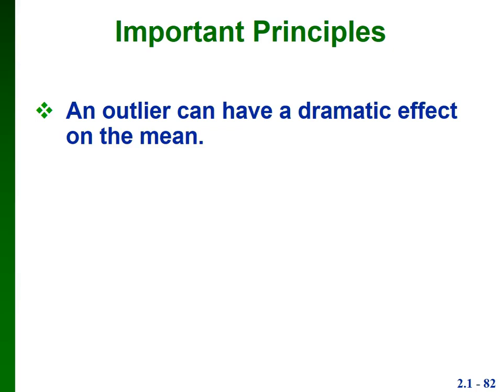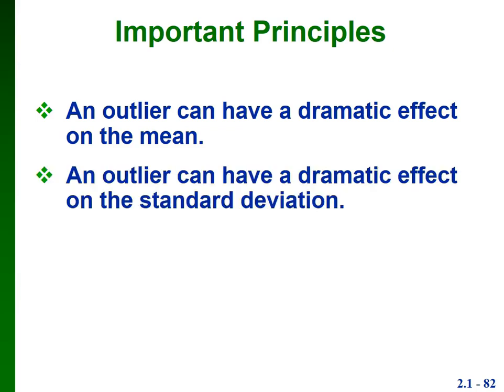Now, the reason that we're concerned about outliers, for one thing, an outlier can have a dramatic effect on the mean. So if we have a value that's very much larger or very much smaller than the other values, it can affect the mean. Remember that the mean isn't resistant. An outlier can also have a dramatic effect on the standard deviation.